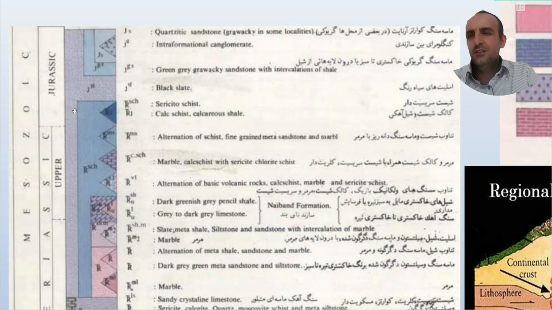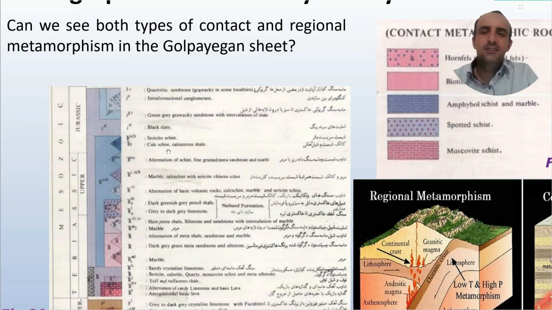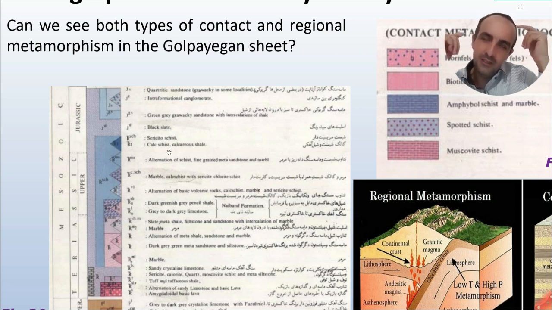As I said, in the Jurassic and Triassic, we have slate, we have schist or even calc-schist and different rocks that indicate presence of regional metamorphism. And if we would like to analyze the reason, it shows us that in the past we had some compressional forces, which I will explain in the Cimmerian orogeny.